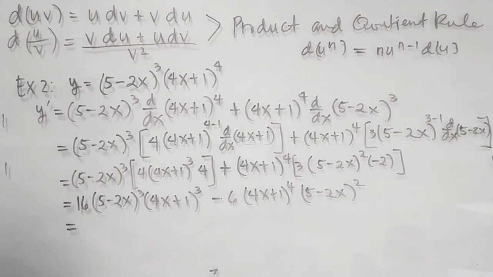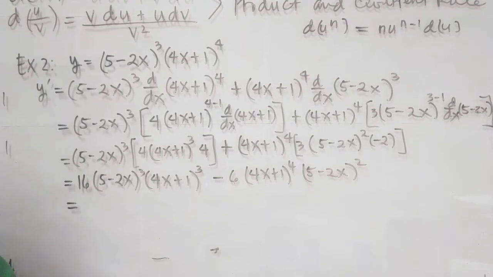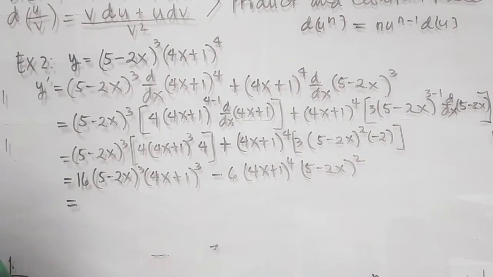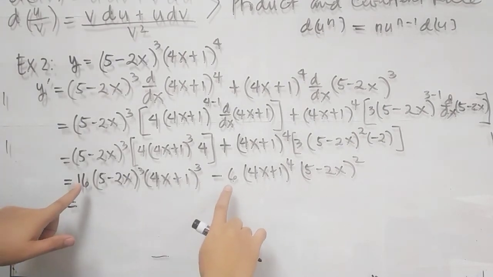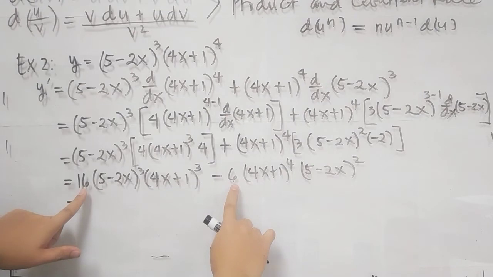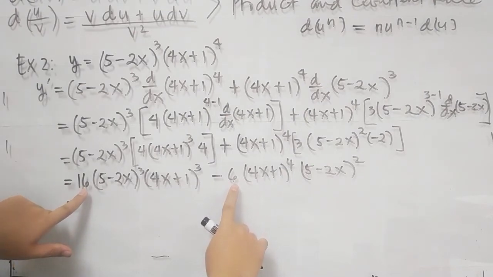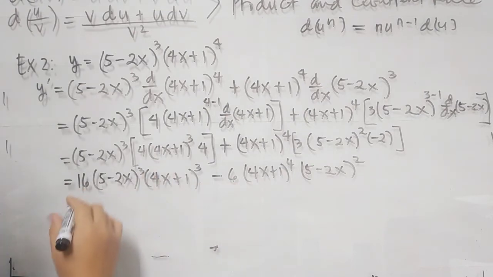Now, the common factor: this one is 16, this one is 6, so they are divisible by 2. So I will write here 2 as a common factor.